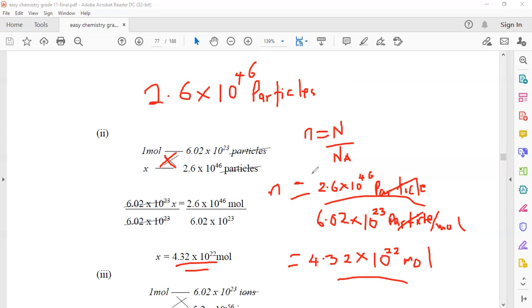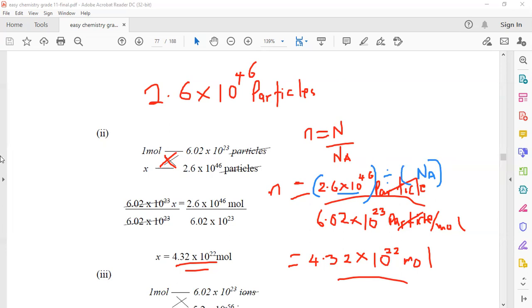So like I said, if you're punching on the calculator, open bracket, the number, close bracket, divide by, open bracket, the Avogadro's number, then close bracket. That's the correct answer.